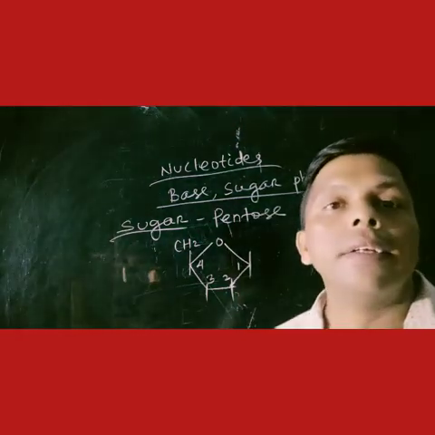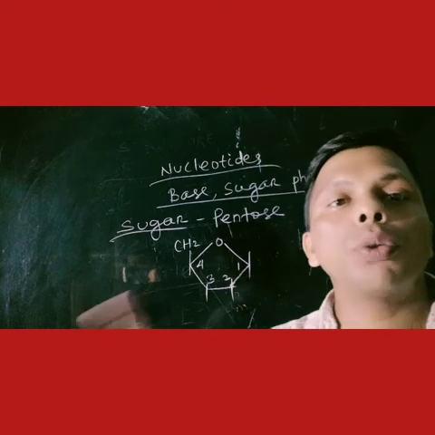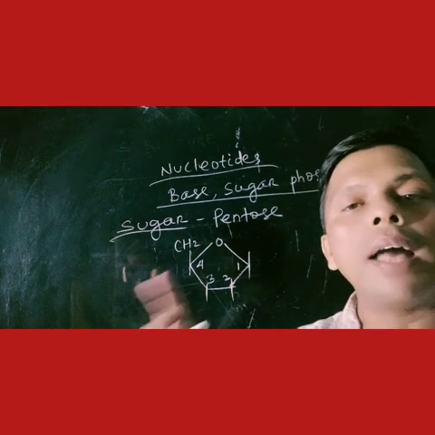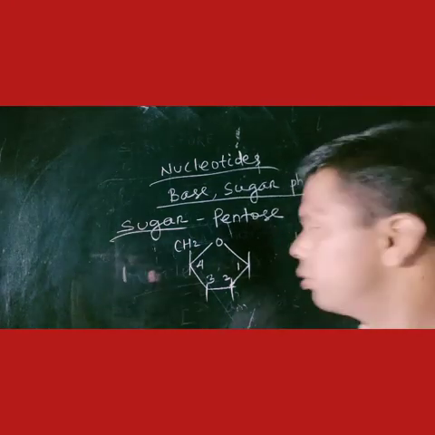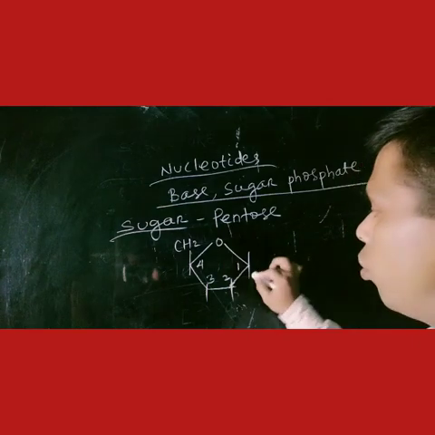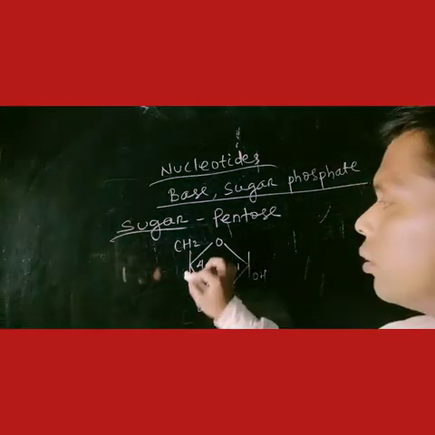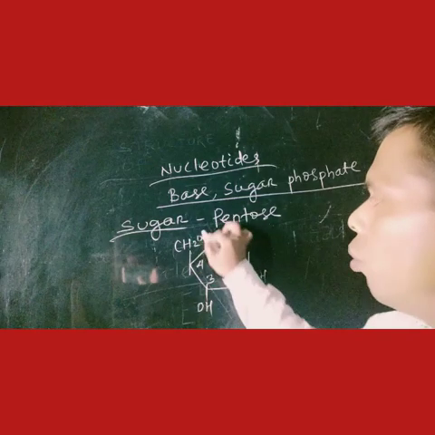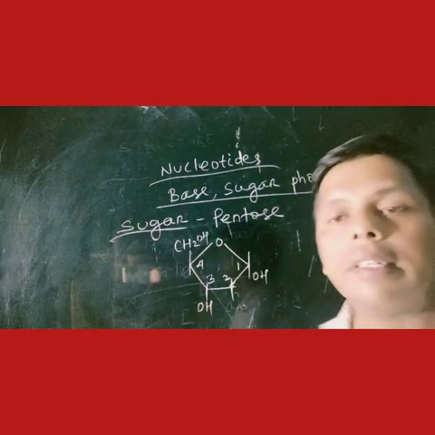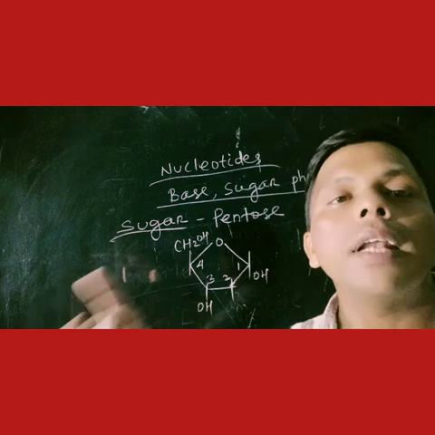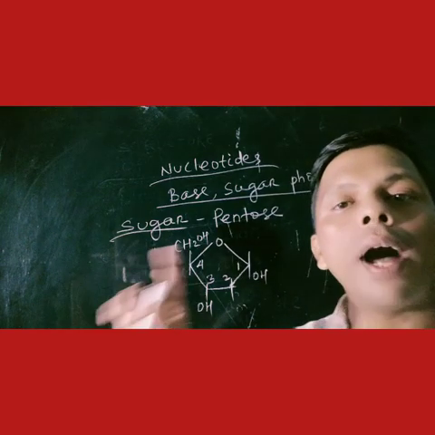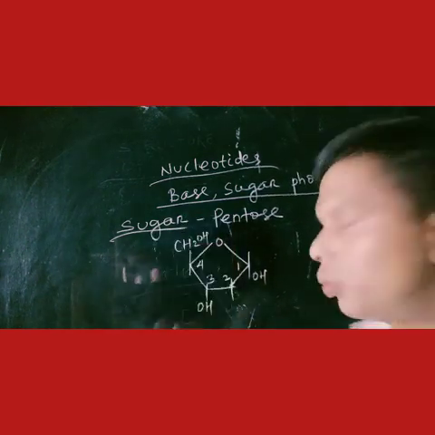The OH groups are attached to carbons 1, 3 and 5. The hydrogen is attached to 1, 2, 3 and 4.